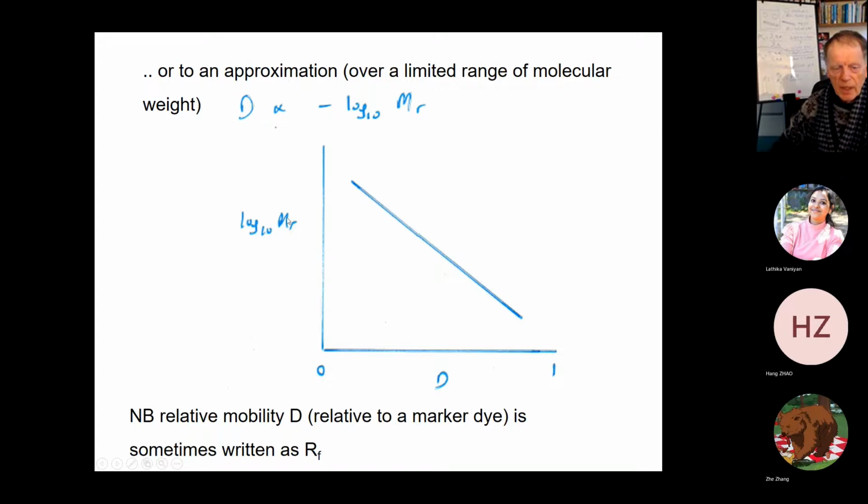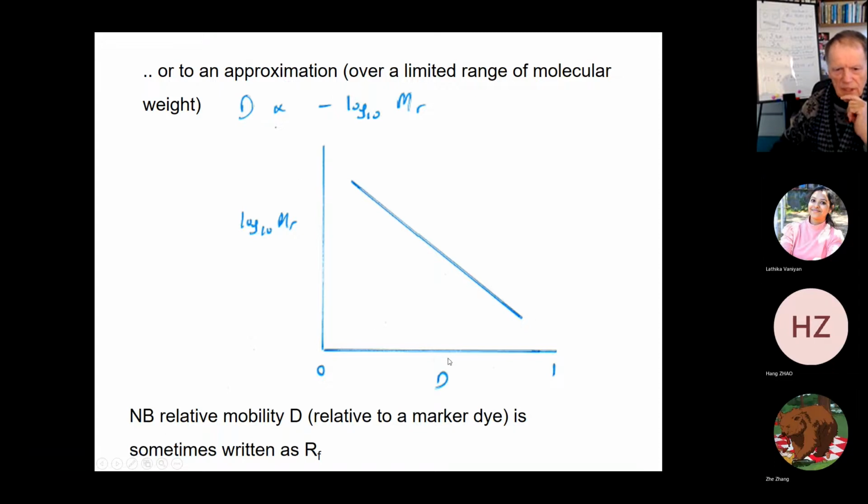So you plot the log of molecular weight against the relative mobility relative to the marker or tracer dye, then you get a straight line with negative slope. So the idea is you define this line using proteins of known molecular weight. You run them on your gel and you produce this calibration plot.